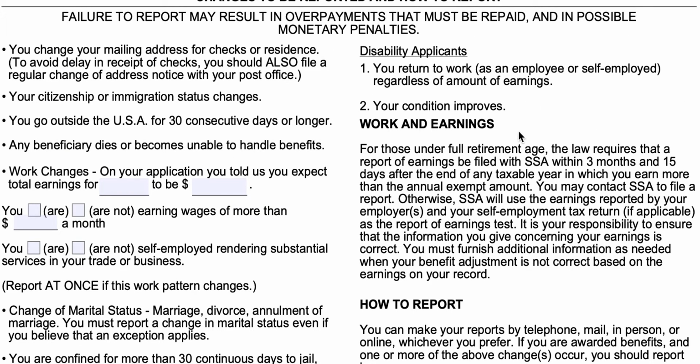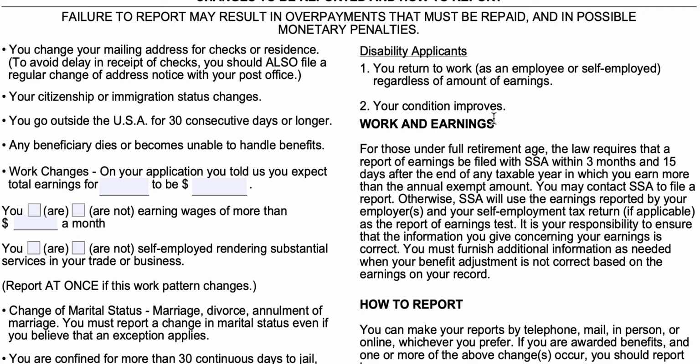And then for disability applicants, there's some verbiage about when you need to notify the Social Security Administration, like if you go to work or if your medical condition continues. And for anyone that's under full retirement age, the law requires that a report of earnings is filed with the Social Security Administration within 3 months and 15 days after the end of a taxable year where you earn more than the exempt amount.